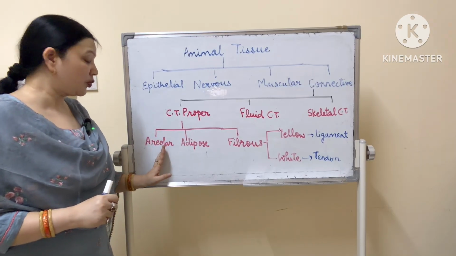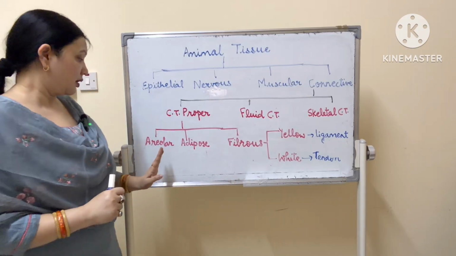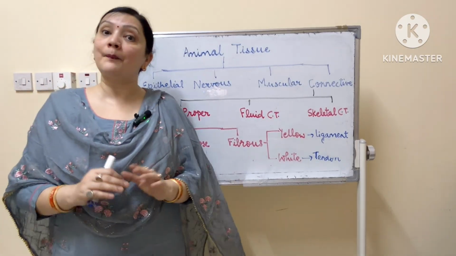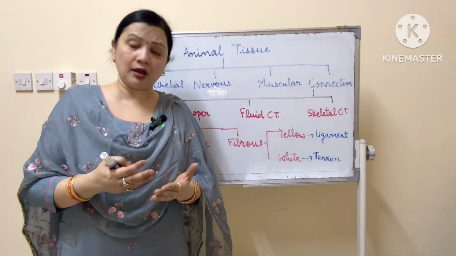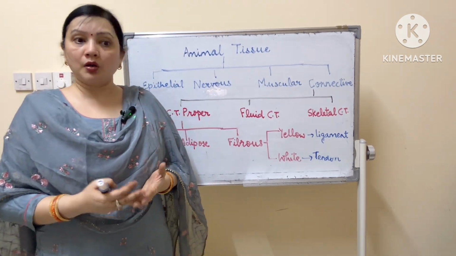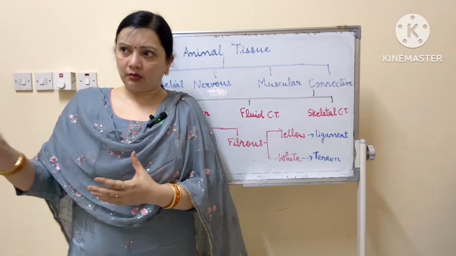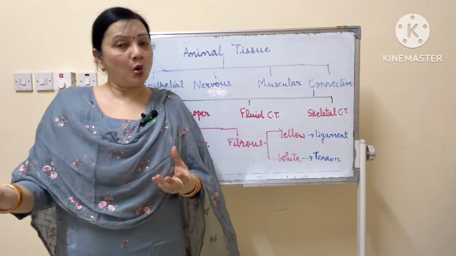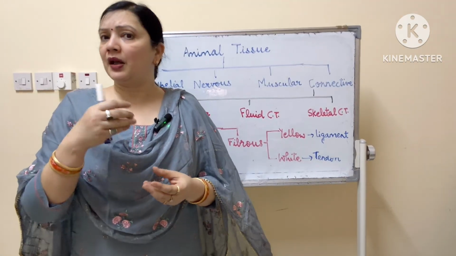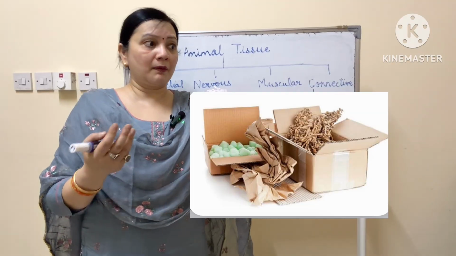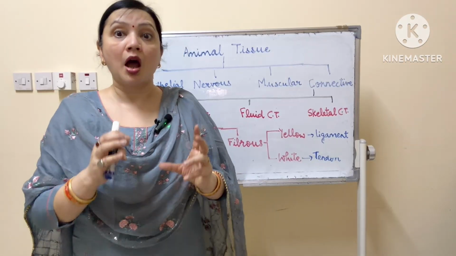Now this connective tissue proper is of 3 types: areolar, adipose and fibrous. Areolar tissue acts as a packing material in our body. Whenever you bring anything, maybe an electronic equipment, or some pots or even a small toy, when you open the box at home, apart from that product, there will be maybe a thermocol, or more cardboard inside, or some sort of hard paper.